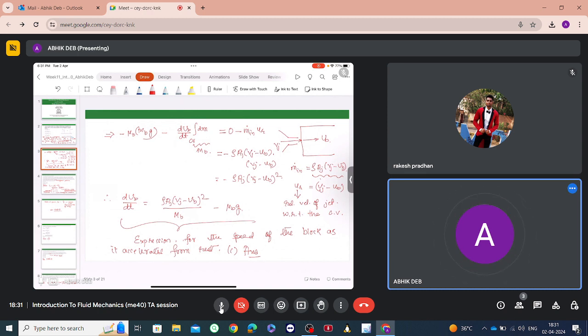The concepts are related to the derivation of the Navier-Stokes equation from the differential analysis, and also the solution of the Navier-Stokes equation for some problems like flow through pipes.